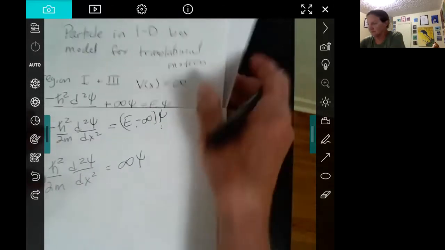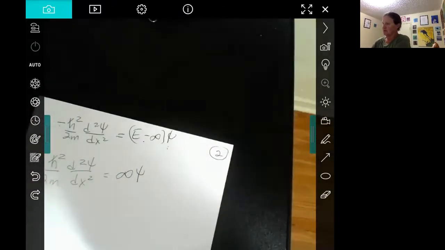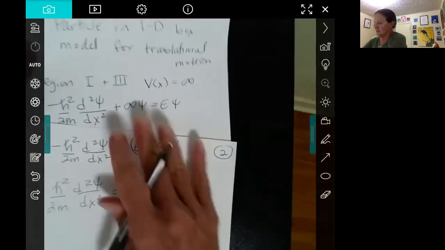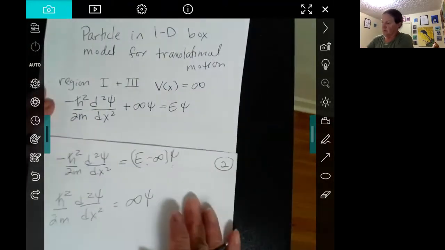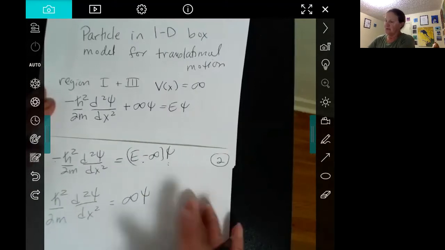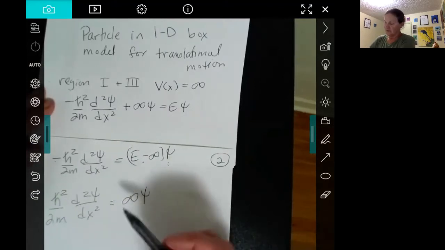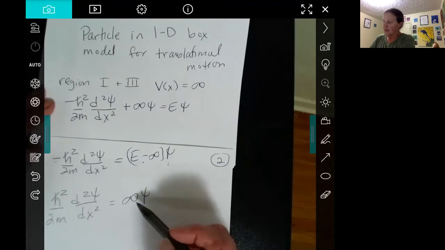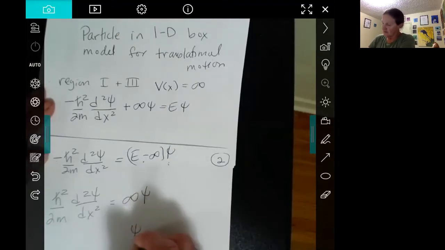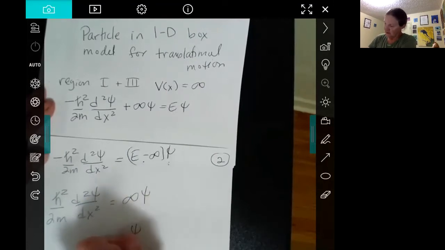Okay, so now we want to look at what psi is going to be. So we take infinity back over here.